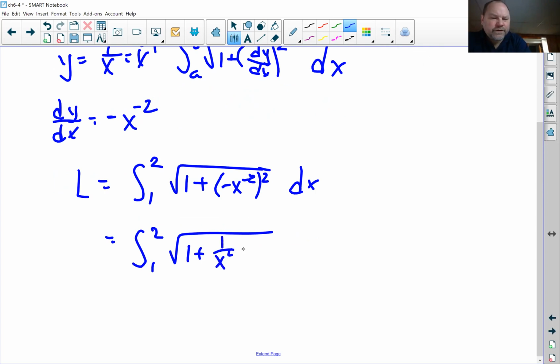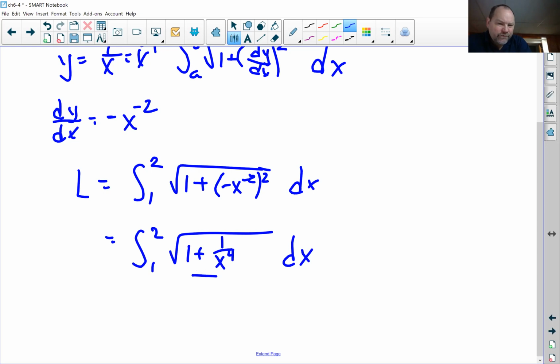I'm just going to write it that way: 1 over x to the fourth. The negative, when I square it, becomes positive. Hopefully that makes sense.